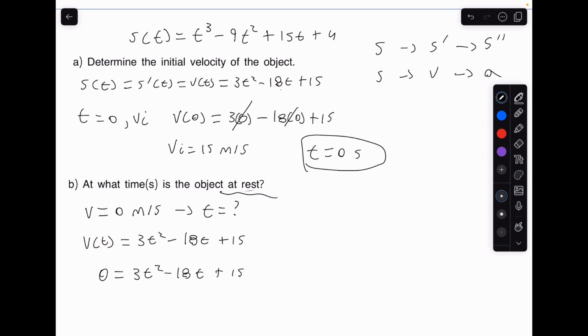Now it's just a factoring problem. So I'm going to pull out the 3, common factor that 3 out, get 3 times t squared minus 18 divided by 3 is 6t there, and then plus 15 divided by 3 is 5.